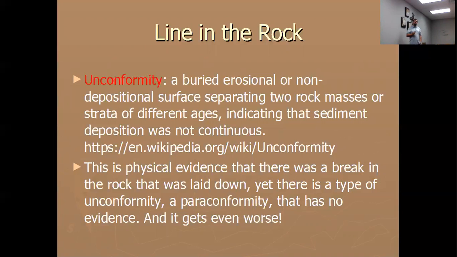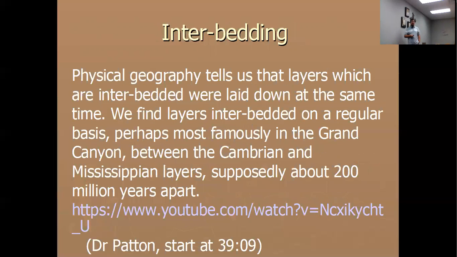Okay, so there's a type of unconformity called a paraconformity that has a smooth, straight, even line between the two layers of rock. And of course it gets worse. It turns out that there's actually interbedding between many of these layers of rock.